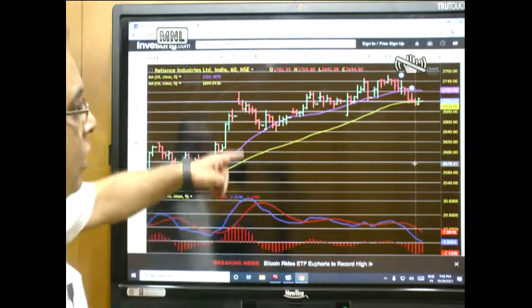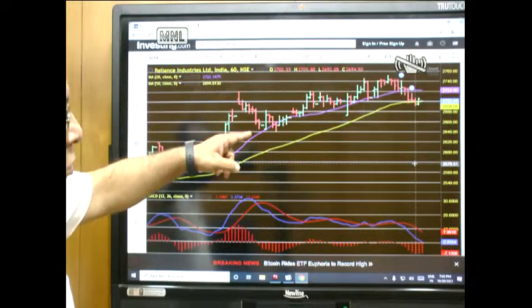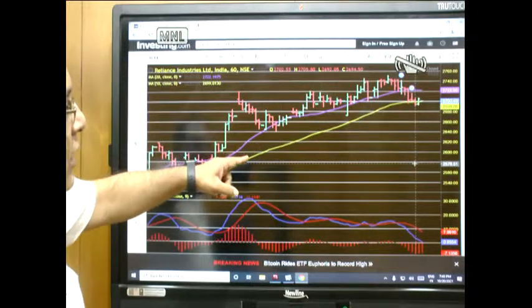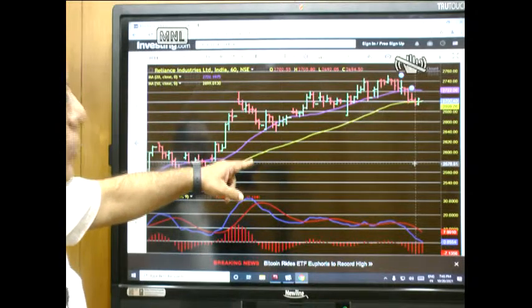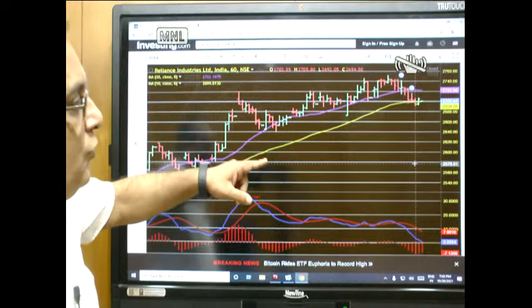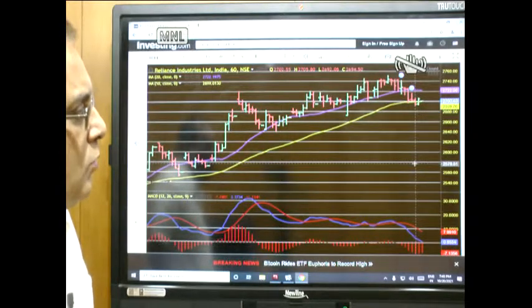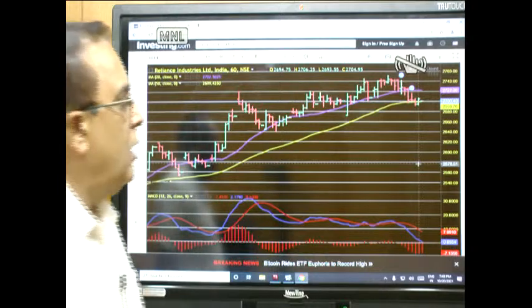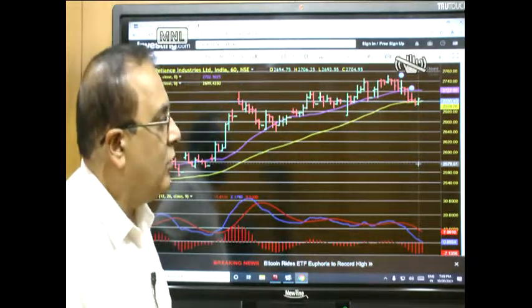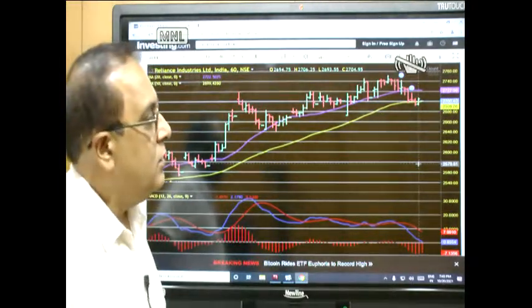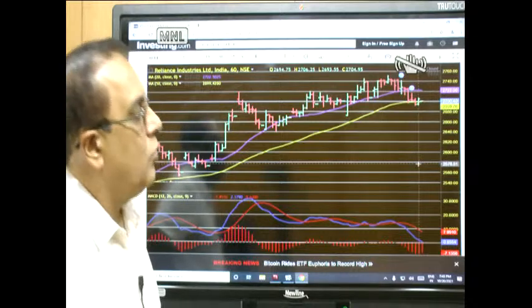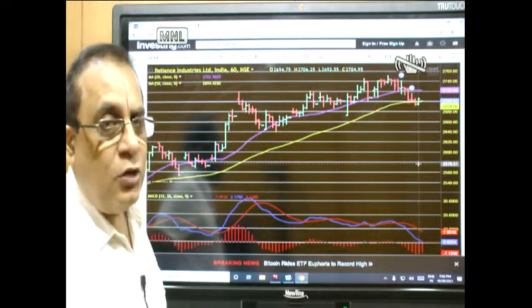So this fall, this is 2692. So on an hourly chart, you can keep 2692 as a stop loss, and probably you can be on the long side. So tomorrow morning, if there is some movement on the upside, then you can look towards going long, keeping 2692 as a stop loss.